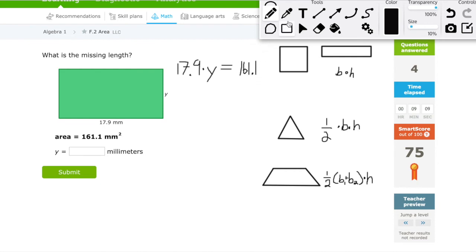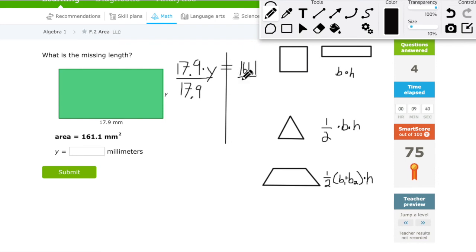And there we go. Some equation solving real quick. To find y, we would make sure we know what each side of our equation is. And then we would divide both sides by the 17.9. The reason it's 17.9 is because we want this number to cancel out and leave just the y. It would be the same thing over here because it's an equation.